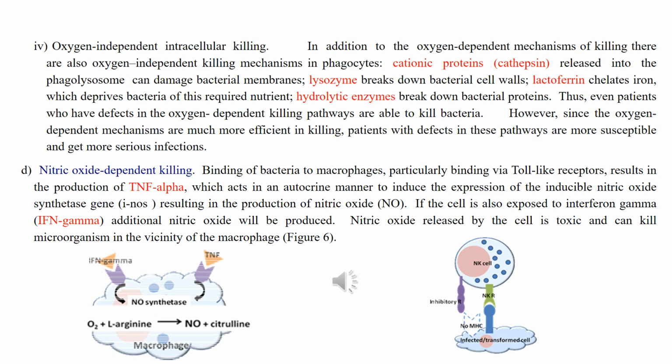If the cell is also exposed to interferon gamma, additional nitric oxide will be produced. Nitric oxide released by the cells is toxic and can kill microorganisms in the vicinity of the macrophage. These figures show the killing of microorganisms by different cytokines.